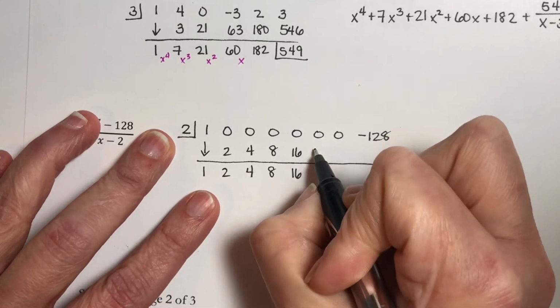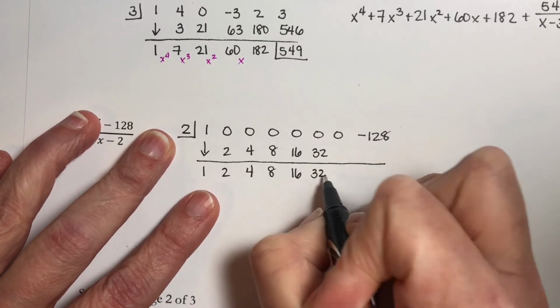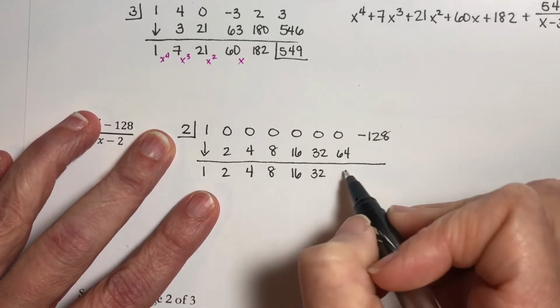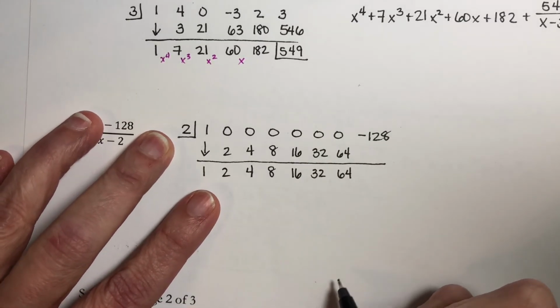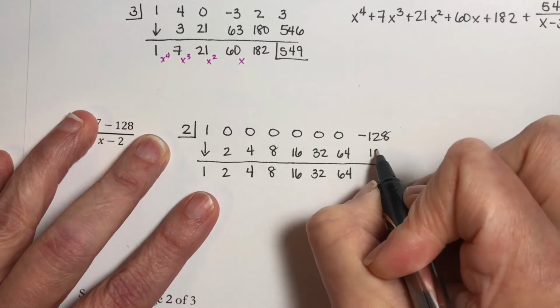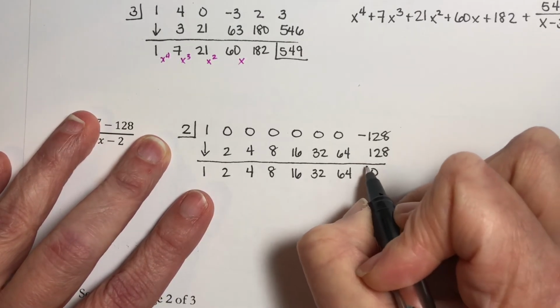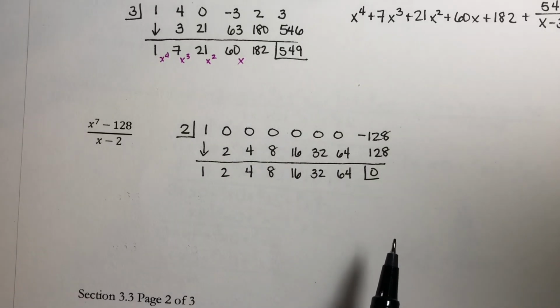Times 2 would be 32. Add 0, 32. Times 2, 64. Add 0, 64. Times 2 is positive 128. Add a negative 128 and you get a 0. So in this case, our remainder is 0.